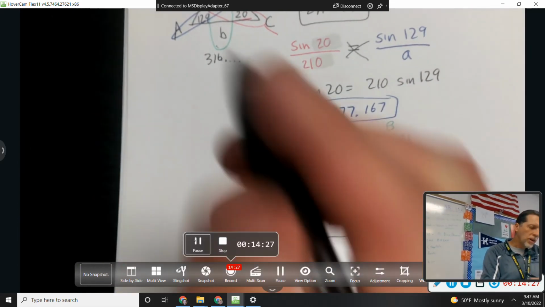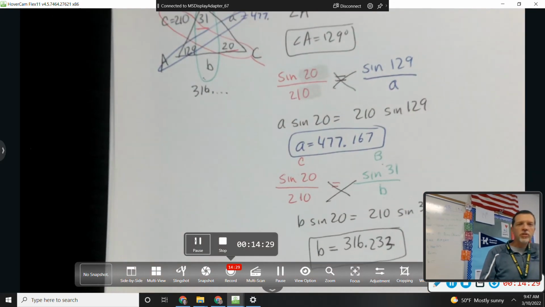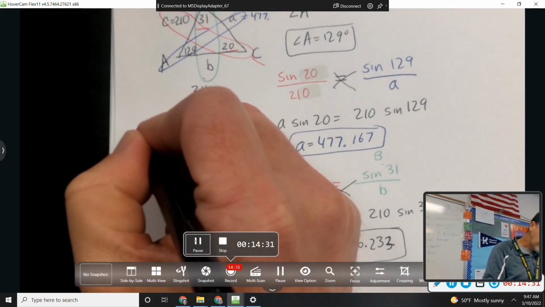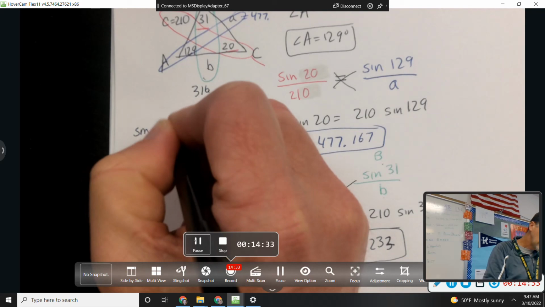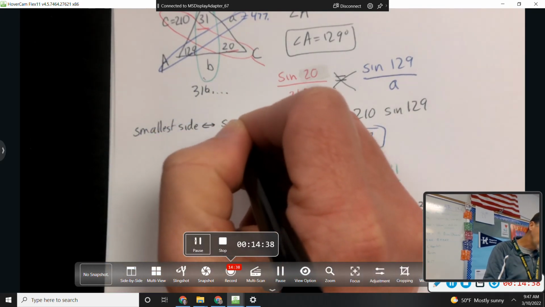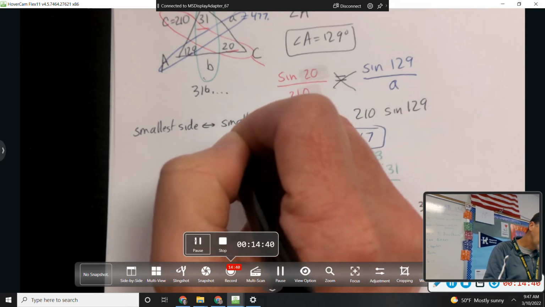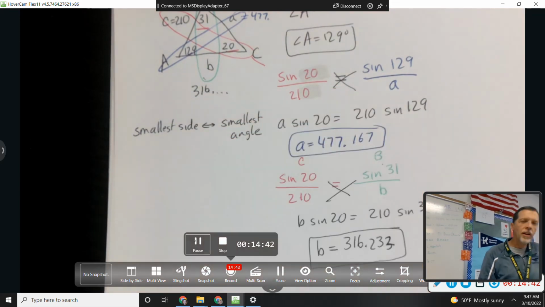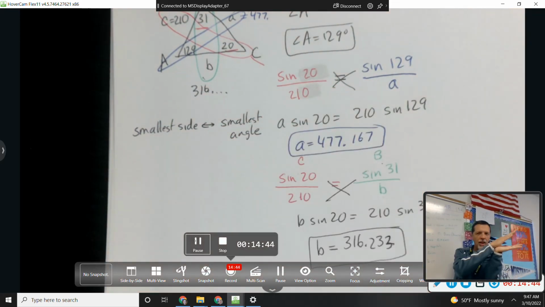All right, there's one minor check you can do on your triangles, and that is that the smallest side should be across from the smallest angle. Right, I think that makes sense. If you have a really small angle, then the side across from the small angle is going to be small.